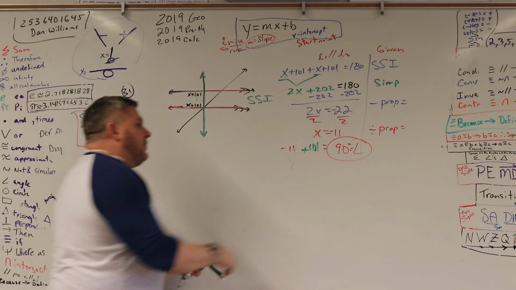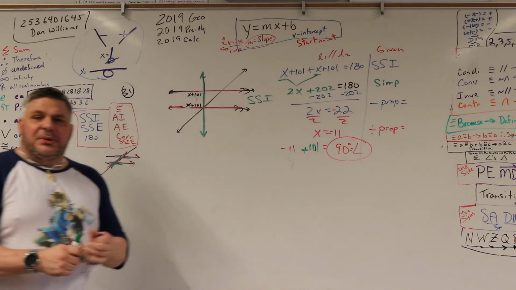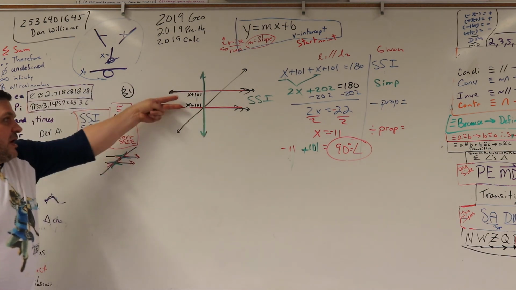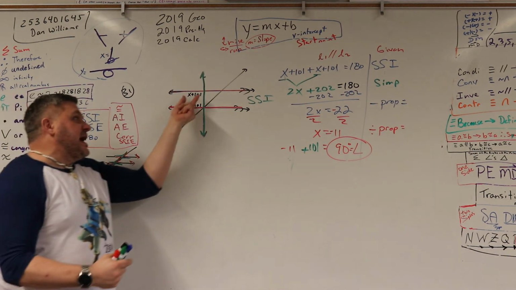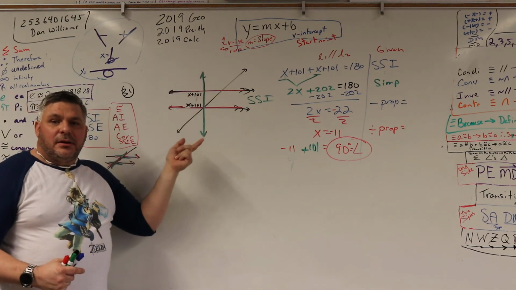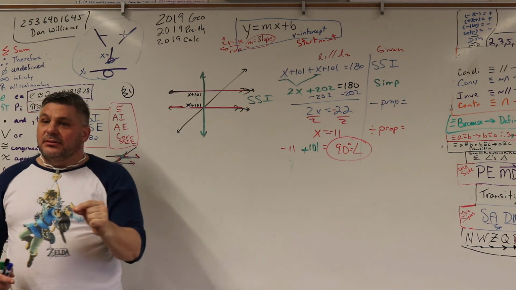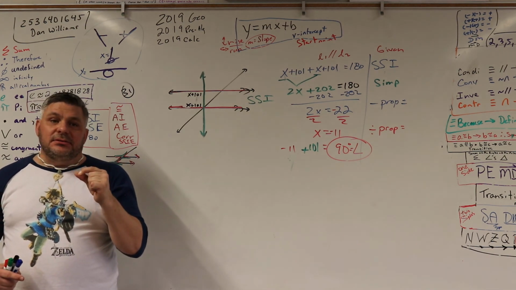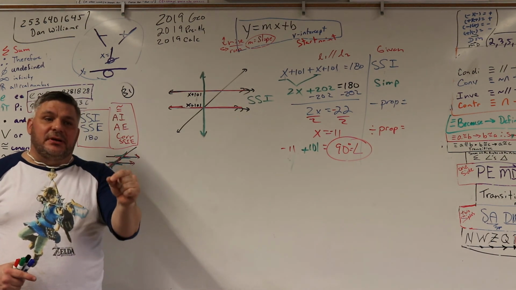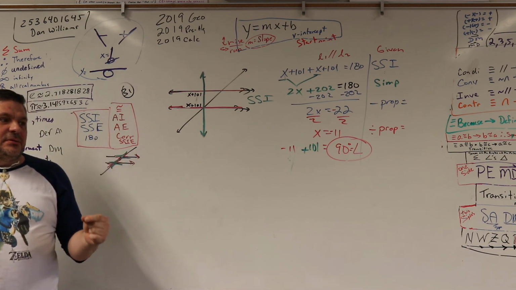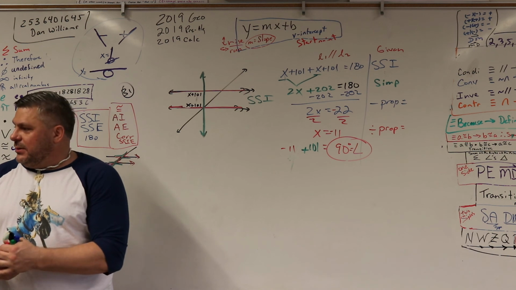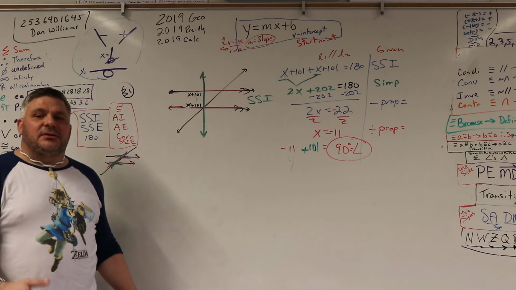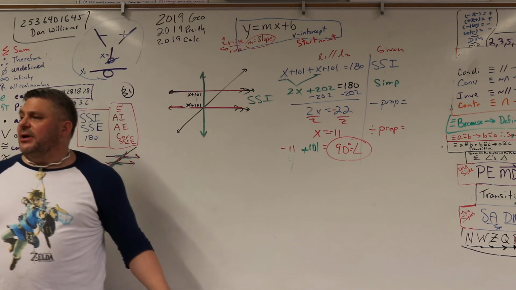And I could have come up with that logically because I could have said two numbers that are exactly the same and are supplementary have to be 90 degrees. That's the definition of a right angle. Two right angles create 180 degrees, or supplementary angles.